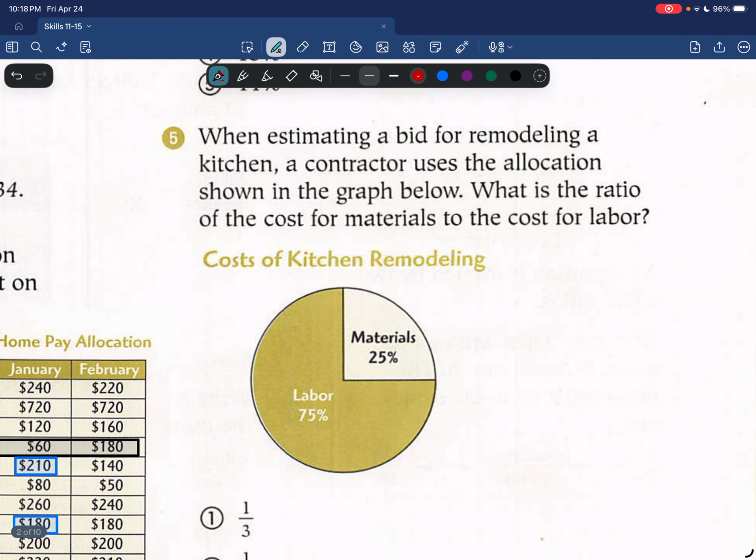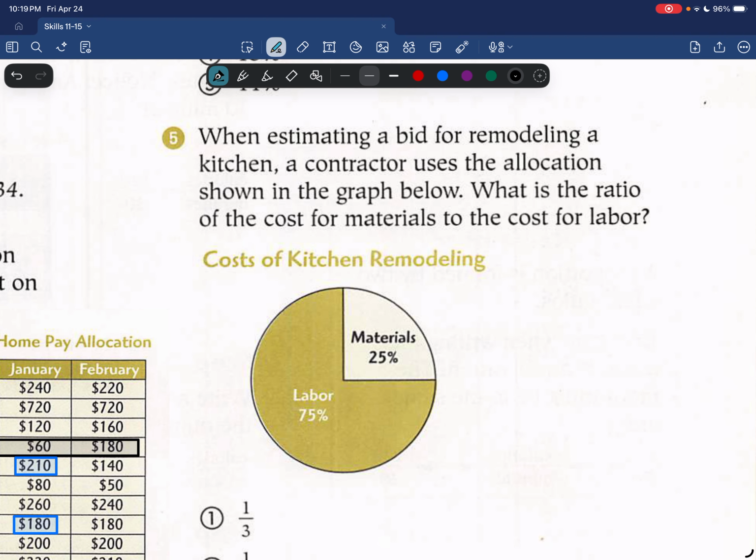Number 5, this is a no calculator question. When estimating a bid for remodeling a kitchen, a contractor uses the allocation shown in the graph below. What is the ratio of the cost for materials to the cost for labor? So cost of kitchen remodeling, materials are 25%, and labor is 75%.